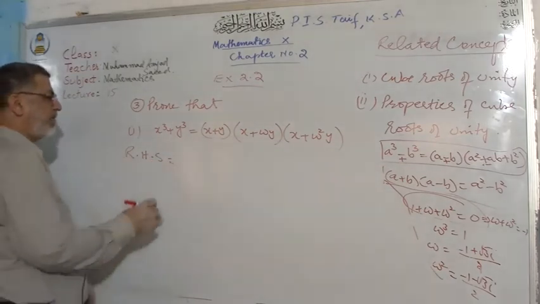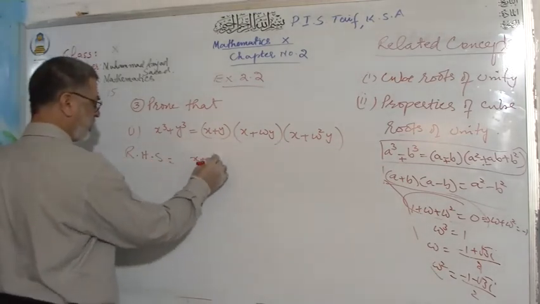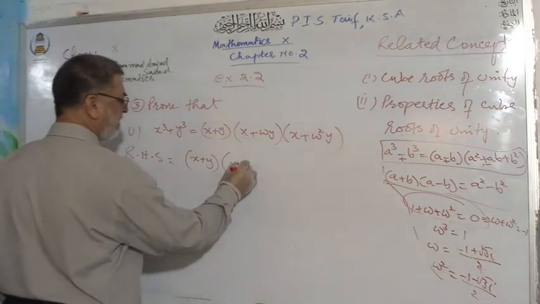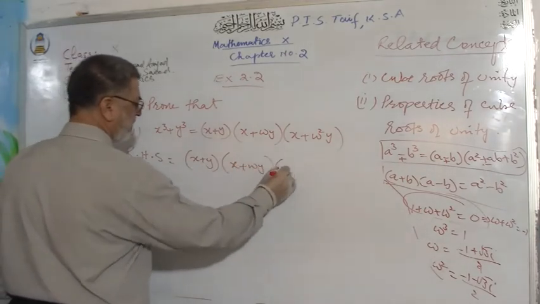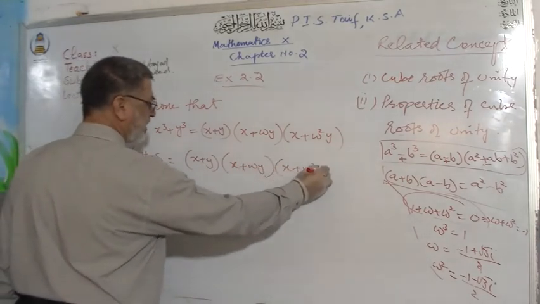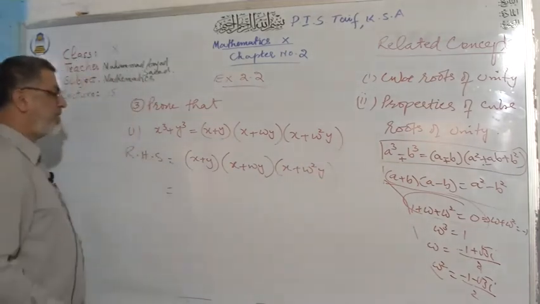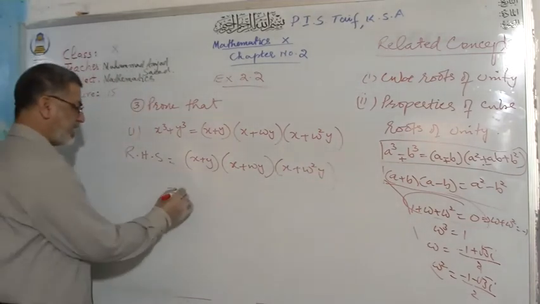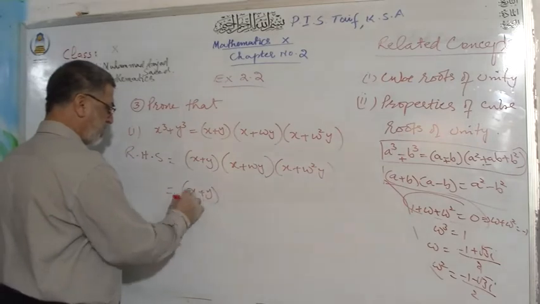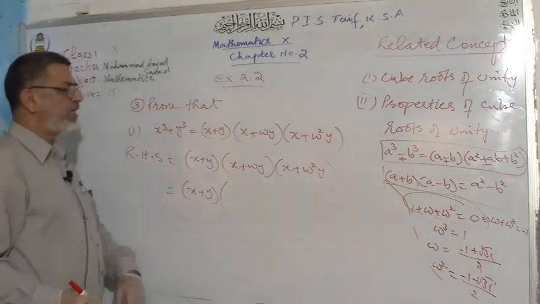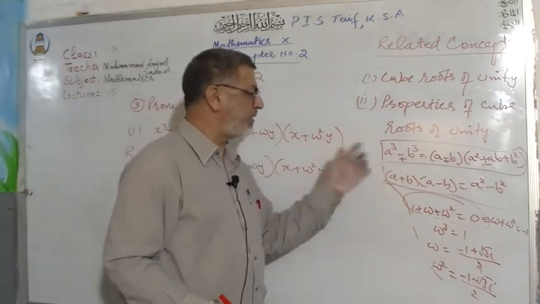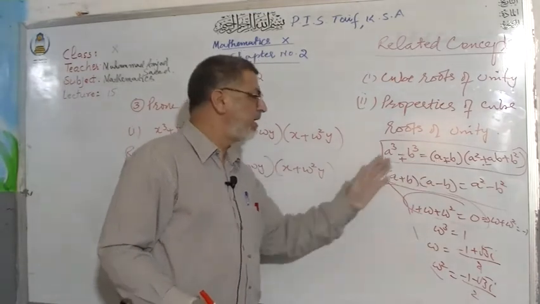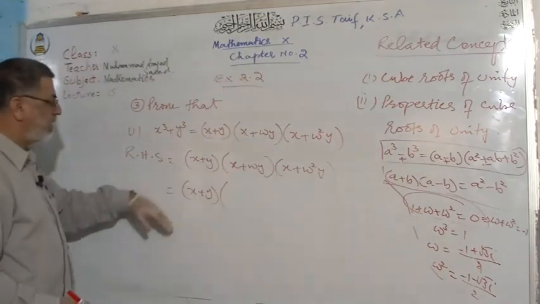To prove it, the left hand side equals x plus y into x plus omega y into x plus omega square y. Remember that the first bracket will be as it is, x plus y, because there is no need of multiplying, this is a plus b, just like the first bracket will be as it is.